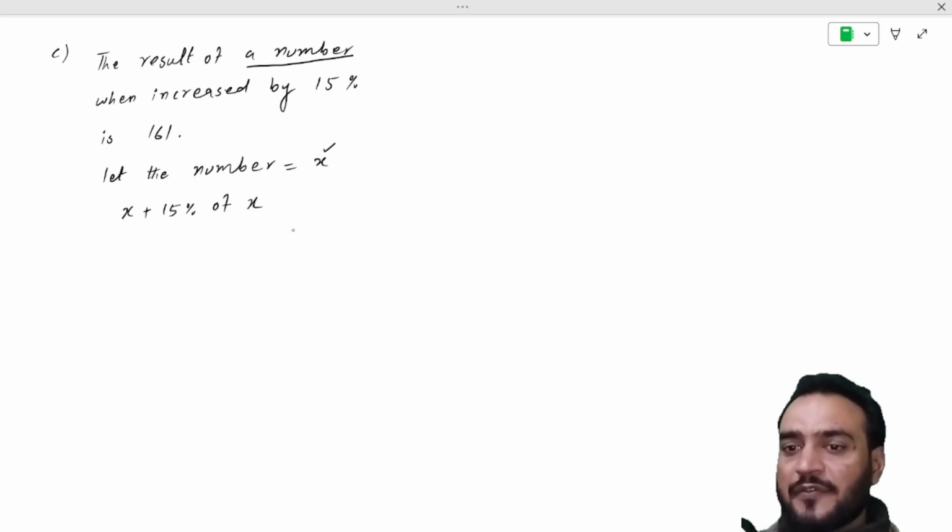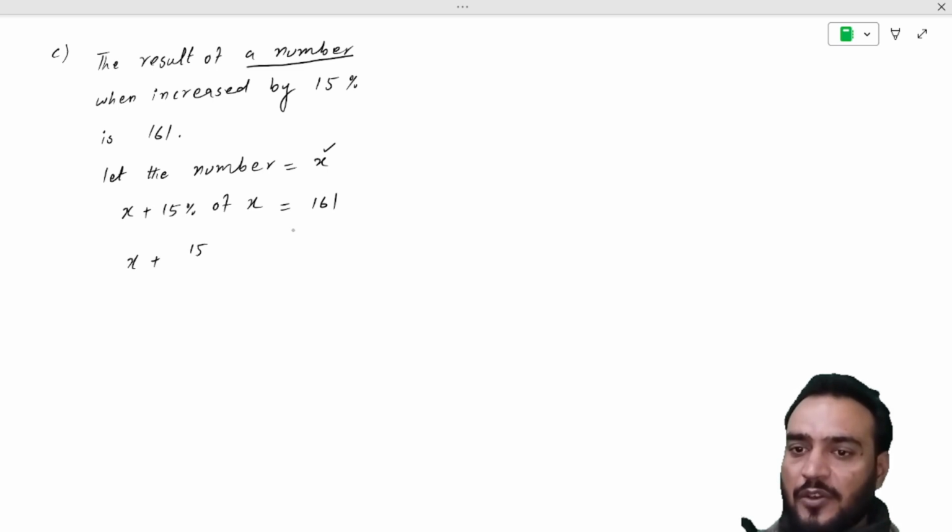So we add that 15% to the original value of x, and this result is equal to 161. So now let us solve this percentage. x plus 15 over 100 times x is equal to 161.